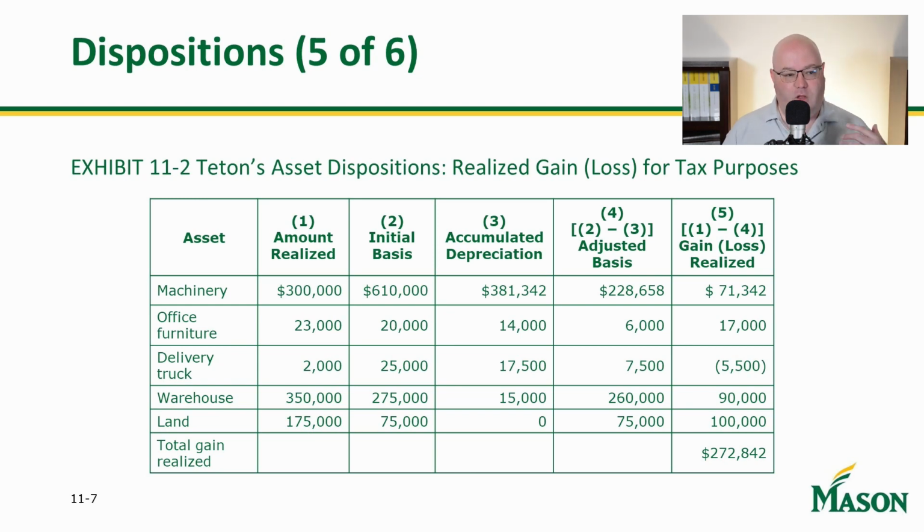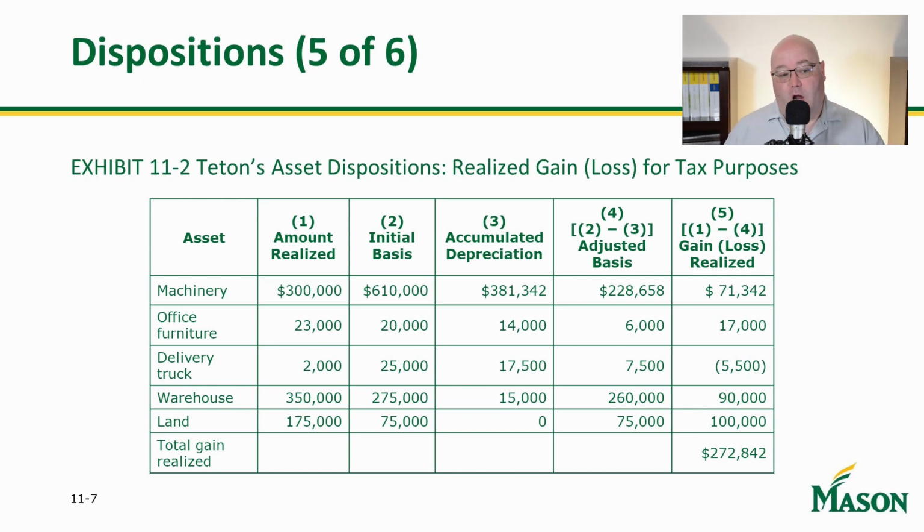In the office hours that we do, if I haven't done it already, again, I'm shooting these videos in the summer, I'm going to share with you an Excel sheet that I've developed and that we use here at the firm to calculate gains and losses on dispositions of assets.